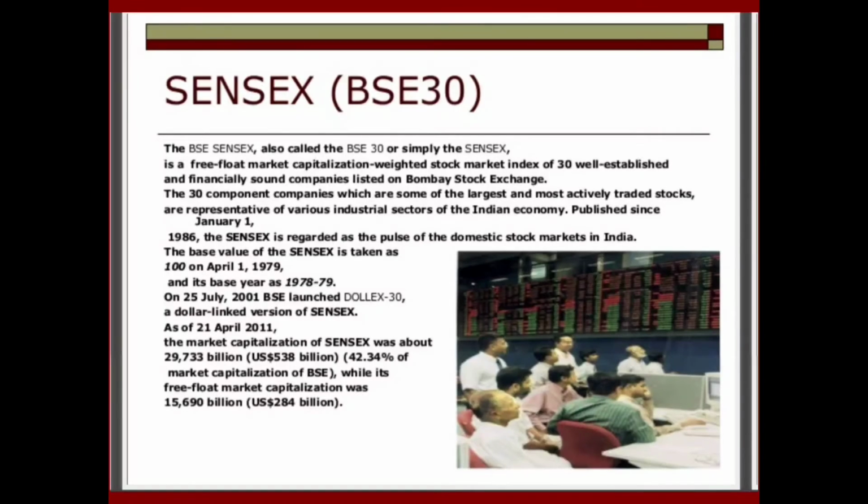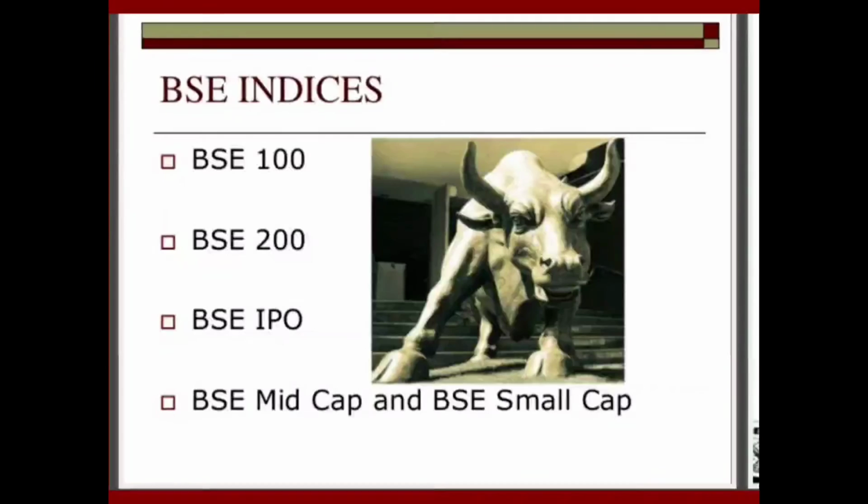As of 21st April 2011, the market capitalization of Sensex was about 29,733 billion, while its free float market capitalization was 15,690 billion. Some of the BSE indices are BSE 100, BSE 200, BSE IPO, meaning initial public offer, BSE mid cap and BSE small cap. These all are the indices of BSE.